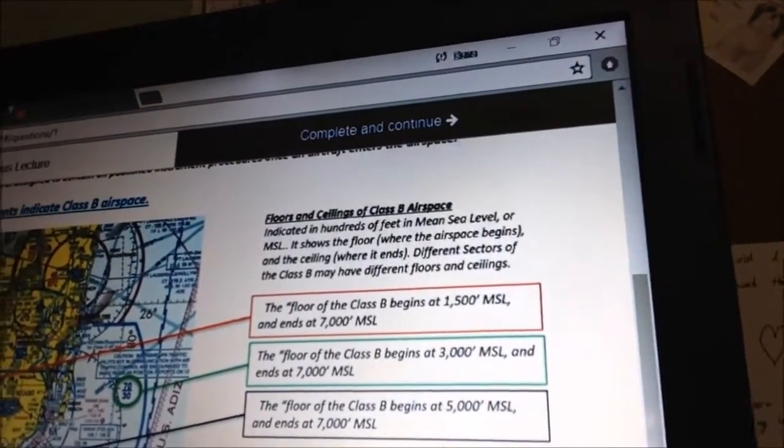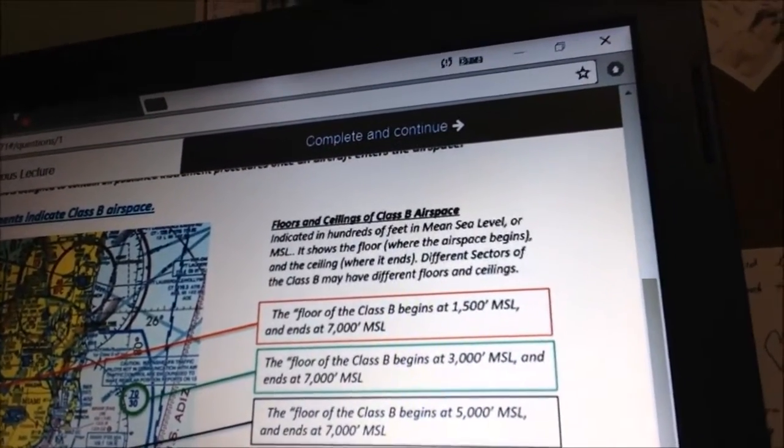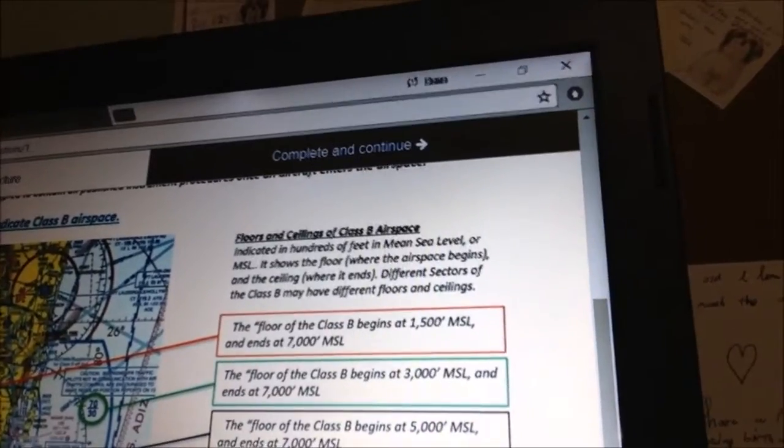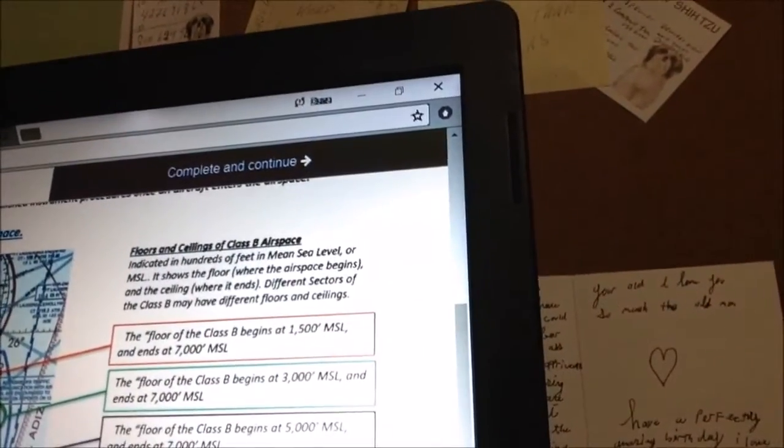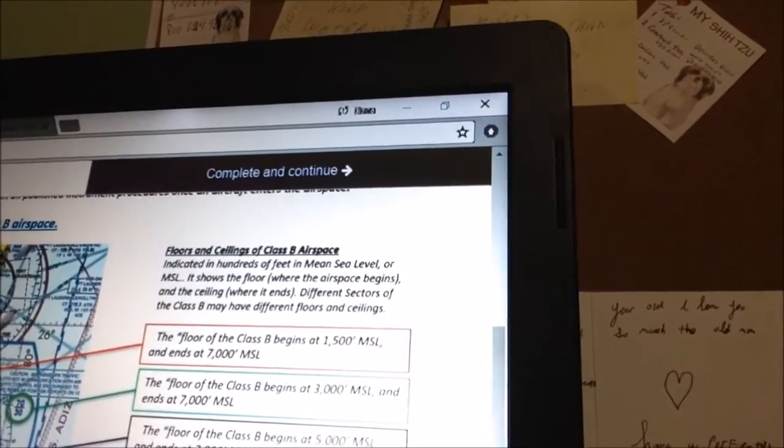Let me get a real quick shot. Can you see the circles? You got a green, you got a red, and a black. In this case, the red one's got a 70 over 15, the green one's got a 70 over 30, and the black one's got a 70 over 50. Now what you're going to do is add two zeros to each of those.